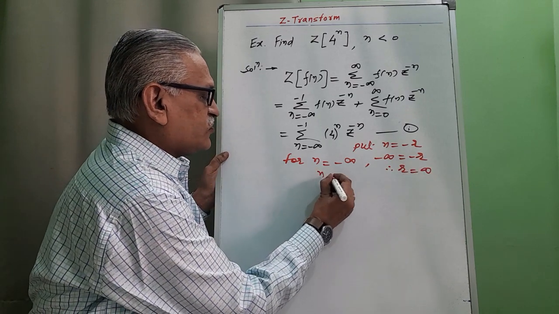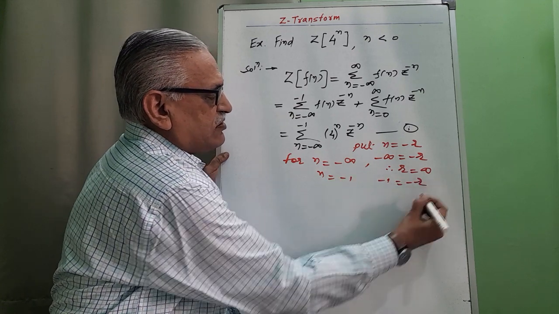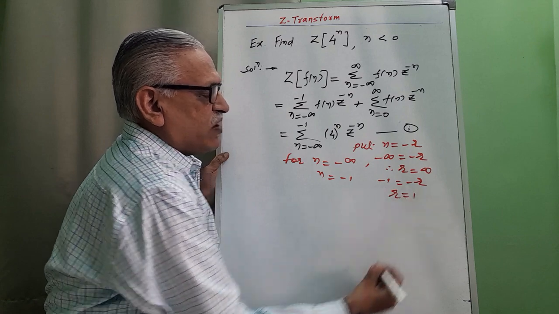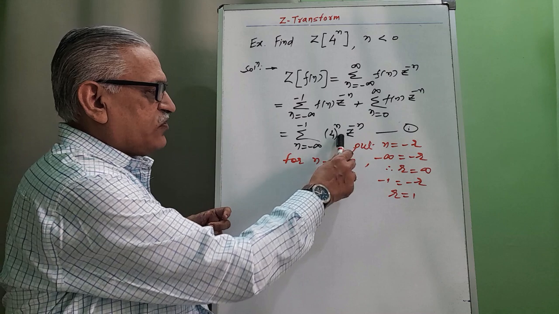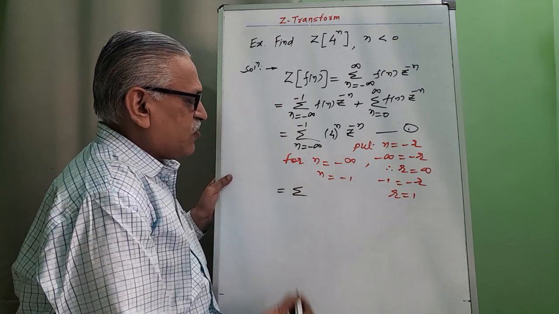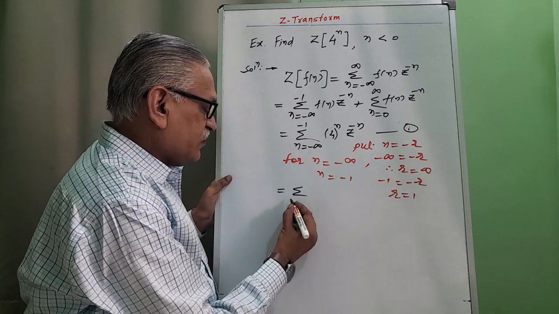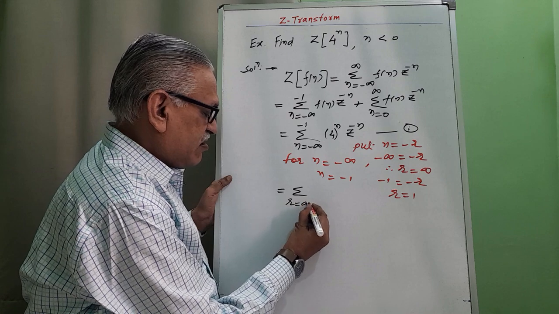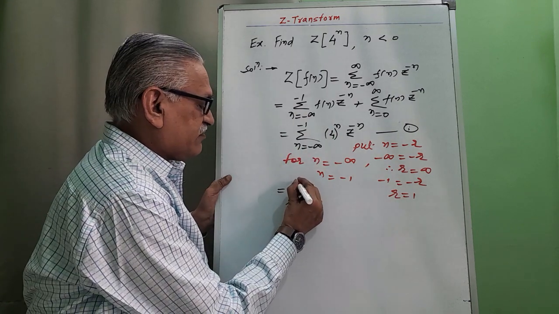And for n equals minus 1, we have minus 1 equals minus r, meaning r equals 1. Substituting all these values in equation 1, it becomes the summation, for n equals minus infinity we have r equals infinity, and for n equals minus 1 we get r equals 1.